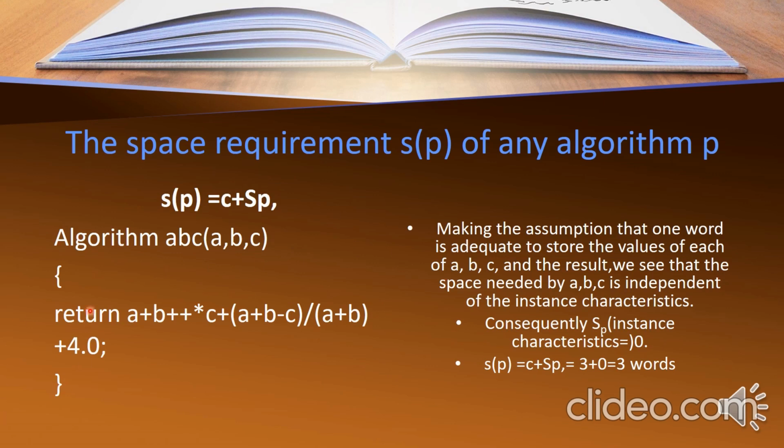I have considered algorithm ABC, which takes three parameters A, B and C. Because we are calculating the space complexity of the algorithm, we are interested in the fixed part, which is C, and the instance characteristics, which is the variable part. Here the locations of A, B and C are fixed. They are not going to change.